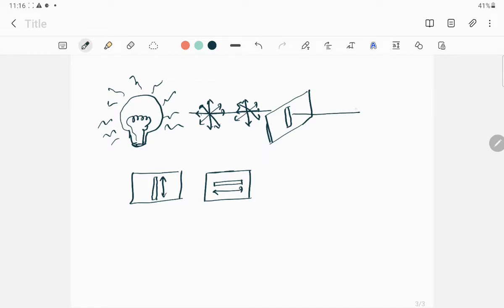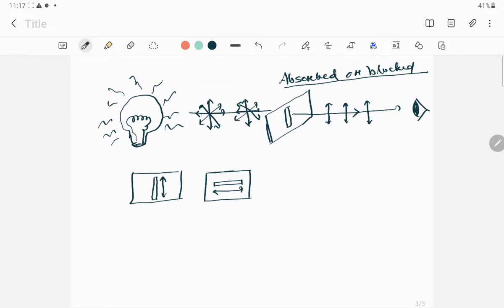When the light comes out of it, the components other than the vertical component will be either absorbed or blocked. So the observer who is observing from this side will receive only the vertical component of the light.